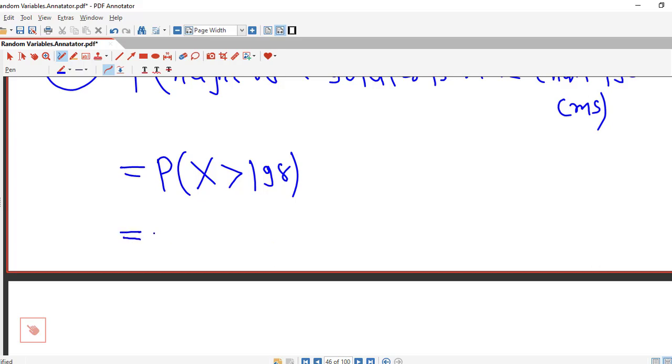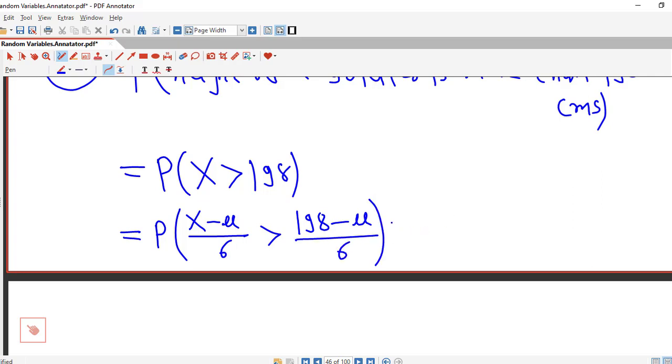Now we standardize this random variable. We consider (x minus mu) over sigma is greater than (198 minus mu) over sigma.